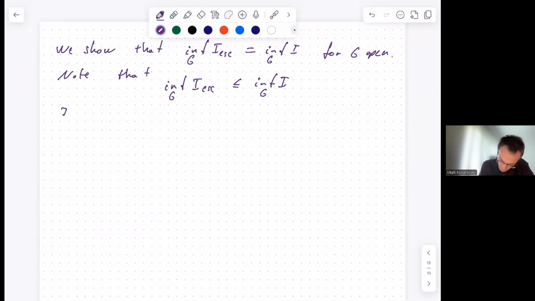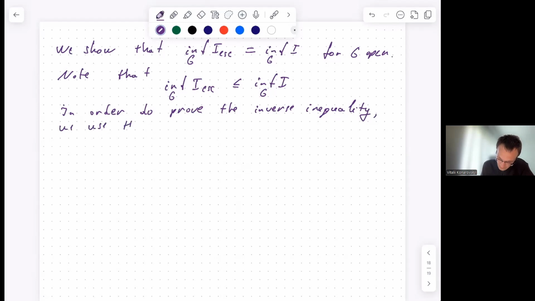In order to prove the inverse inequality, we will use the definition of lower semi-continuous regularization.